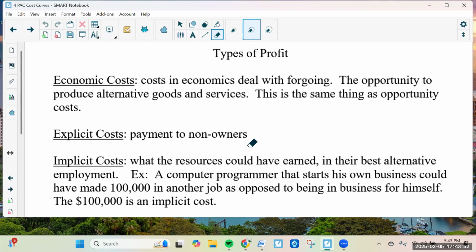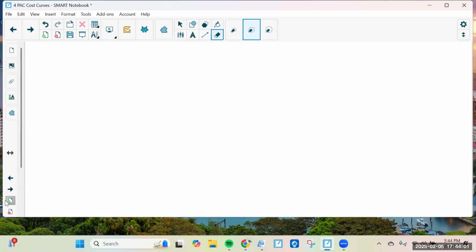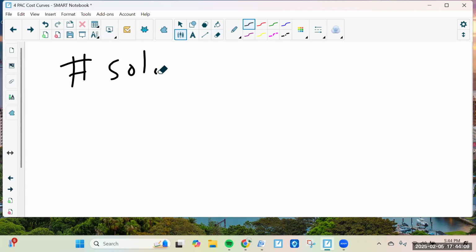A business's goal is not to sell as many units of the product as they can sell. Okay, their goal is not number sold. A car dealership does not necessarily want to sell more cars. And I know you're thinking that doesn't make sense. It does. You'll find out why in a minute. Okay, that's not their goal.